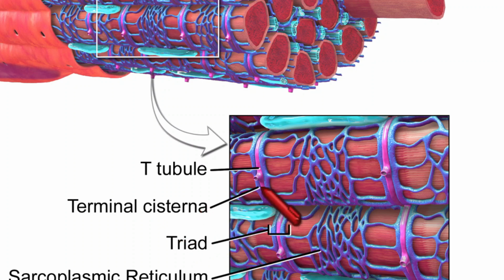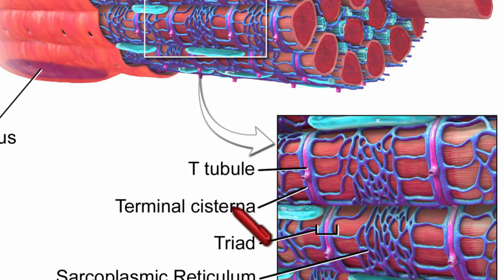Then what is the importance of the terminal cisternae? We know that the T tubule contains high levels of calcium ions, and from here the calcium ions can reach the sarcoplasmic reticulum and can be supplied to the contractile filaments, which we will see later, during muscle contraction. So that is the importance of the terminal cisternae.